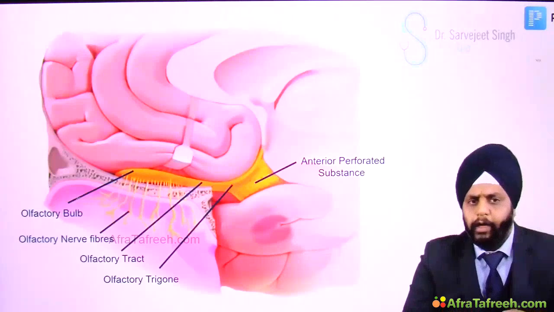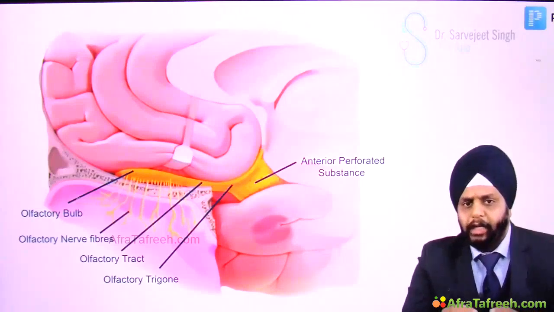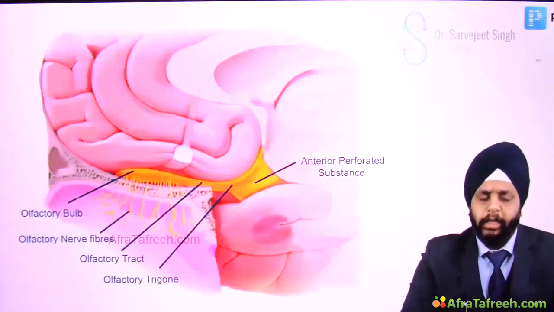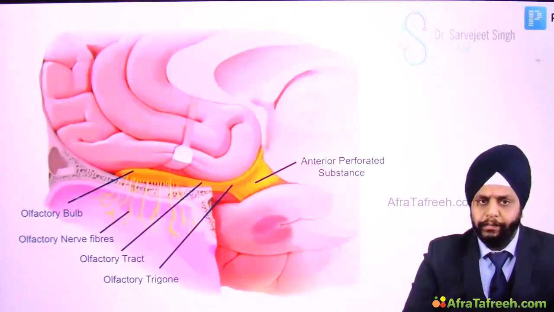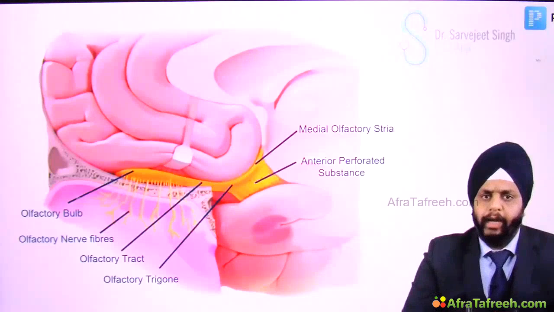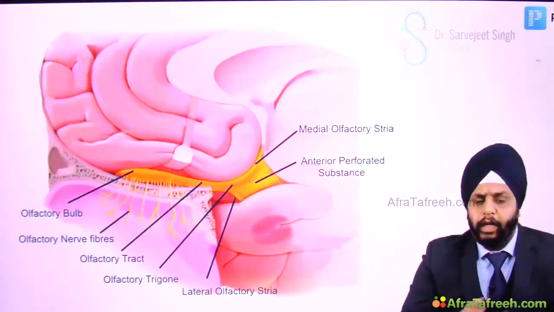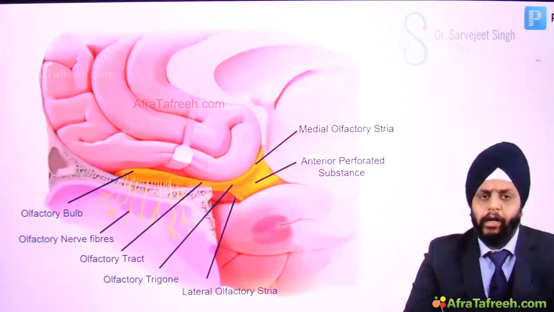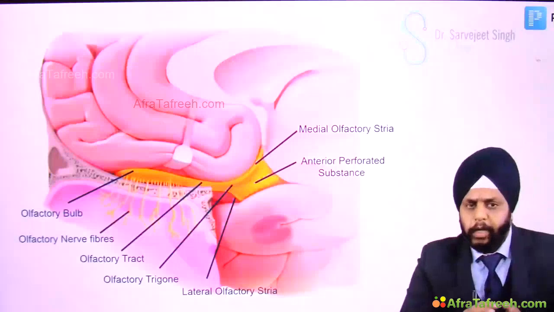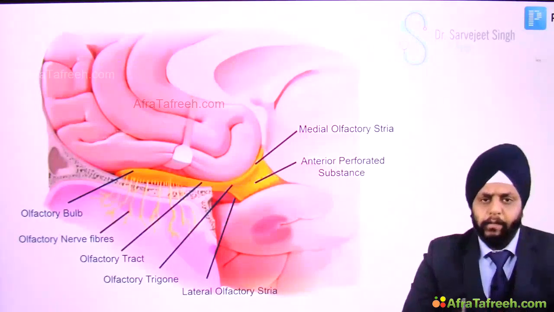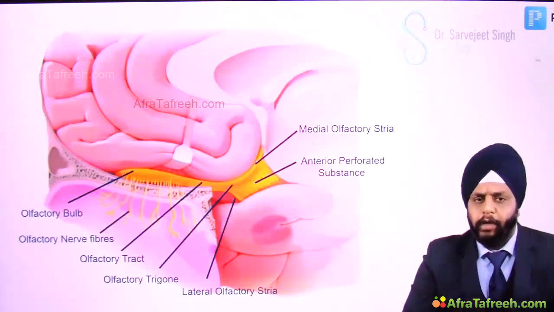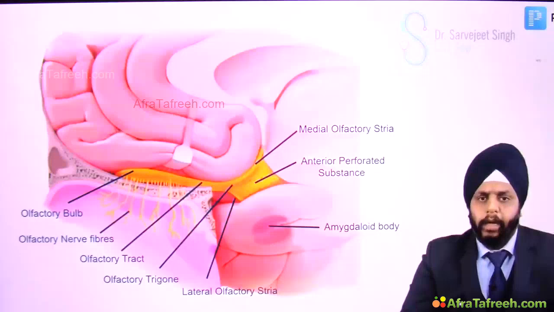So when the olfactory tract reaches the anterior perforated substance, it divides into two parts: the medial olfactory stria and the lateral olfactory stria. Now the lateral olfactory stria is the main olfactory bundle. This is the main olfactory pathway, and the lateral olfactory stria goes and relays in the pre-amygdaloid area.